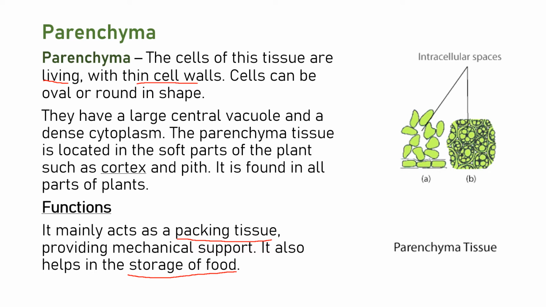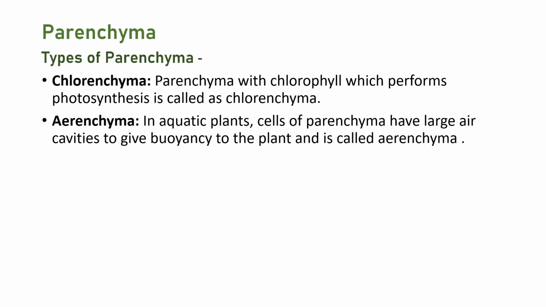Now let's go to the next part of parenchyma. There are two important types of parenchyma. Parenchyma which has chlorophyll is known as chlorenchyma. It stores chlorophyll and performs photosynthesis. Wherever there is chlorophyll, definitely there will be a process of photosynthesis, right?